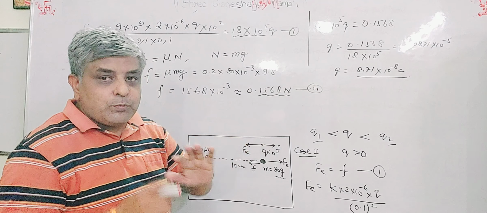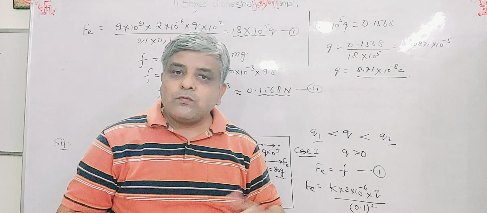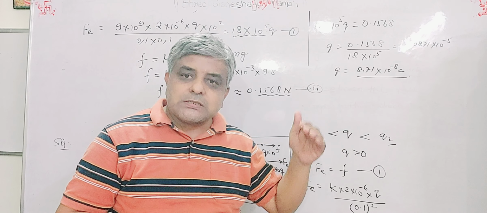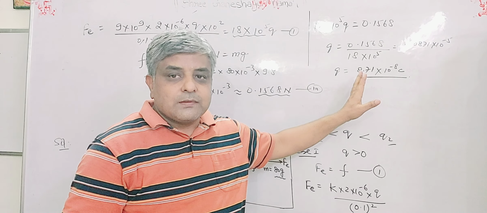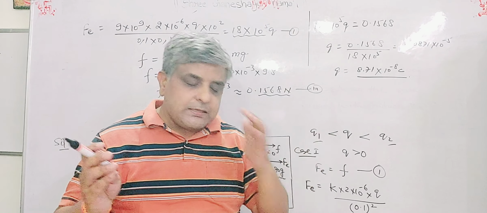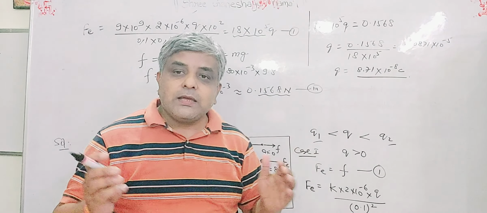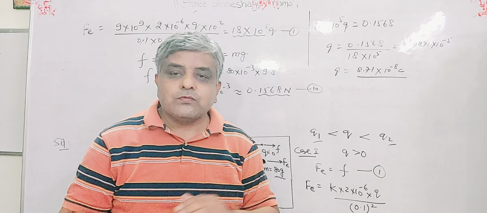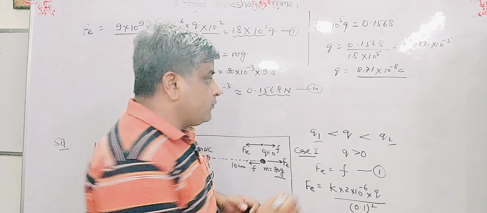So what would be the range of the charge so that this is in equilibrium? We have to only put the plus minus sign in front of this value of Q. In this range, this Q will be in equilibrium. It will not move. So this is the final answer.